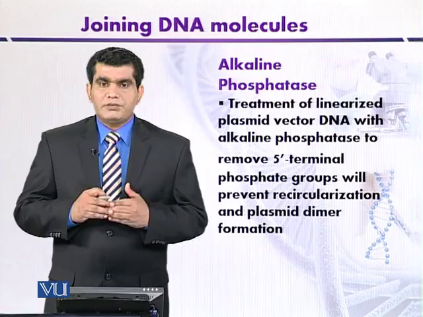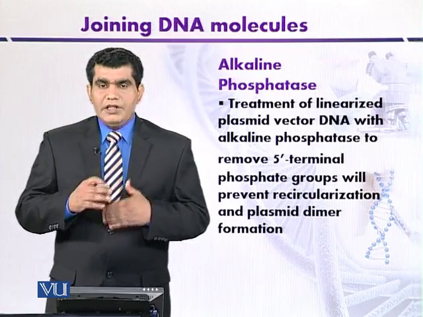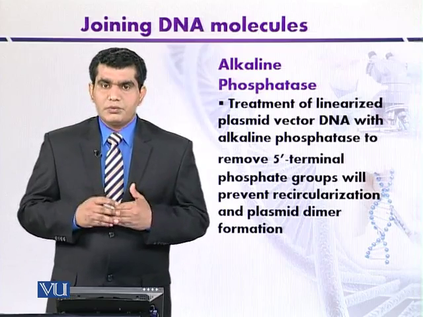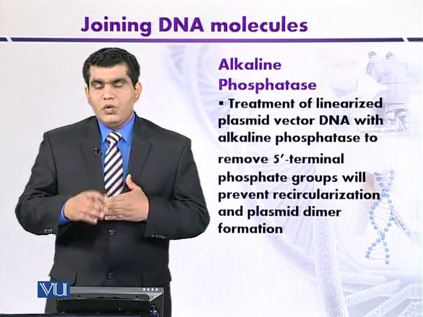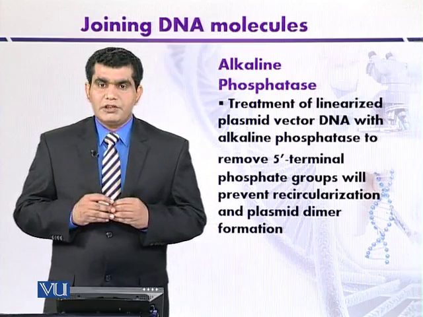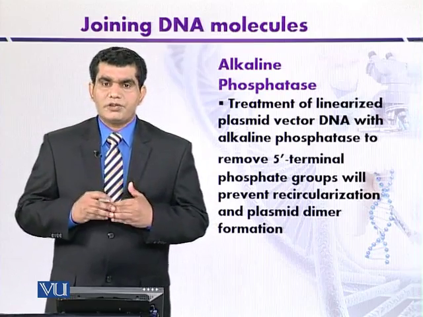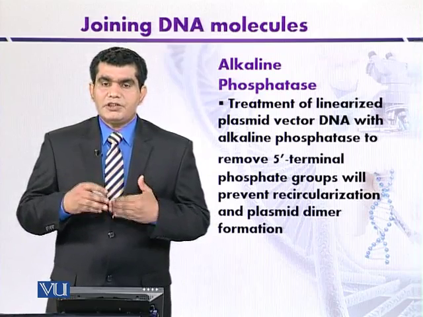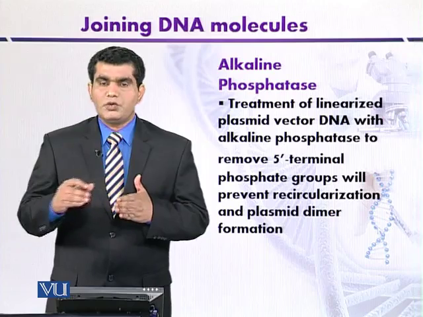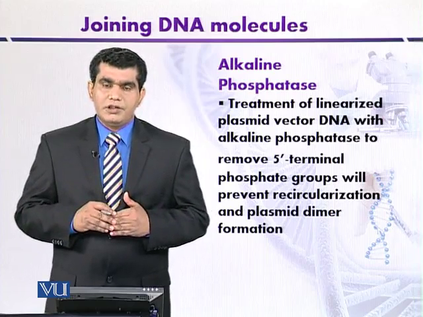Now, alkaline phosphatase enzyme is another way that we can use to overcome this problem, that is recircularization of the vector DNA. This alkaline phosphatase is an enzyme that can remove the 5' phosphate group from the target DNA.